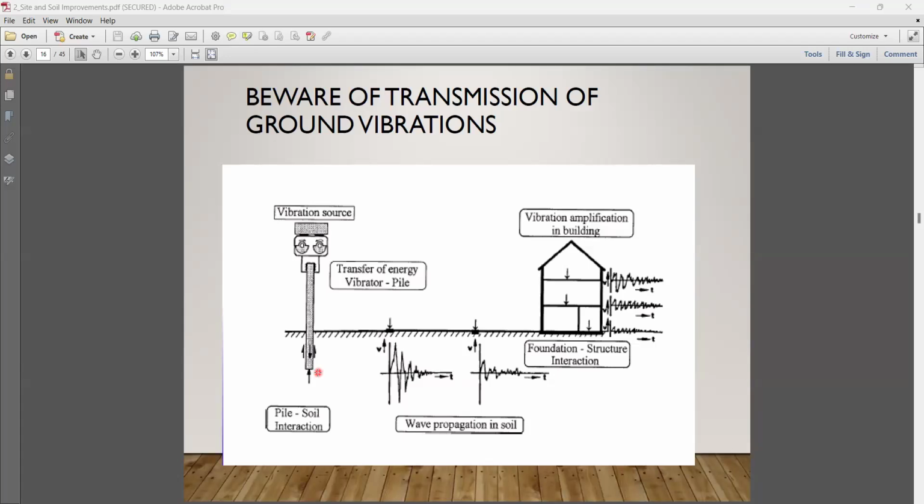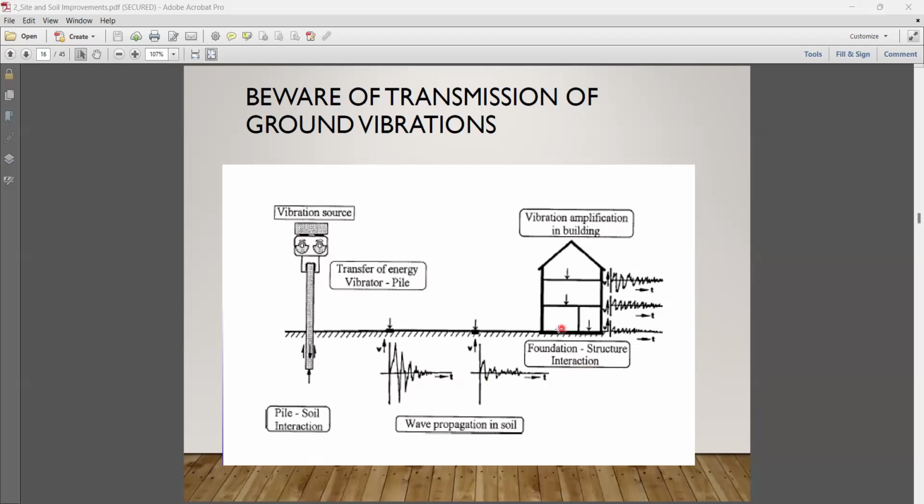So when we do vibrocompaction, what is the advantage? We can go to a considerable depth. But then there's a disadvantage. When we vibrate, the ground vibrates and densifies, but the wave can propagate through the soil layers.